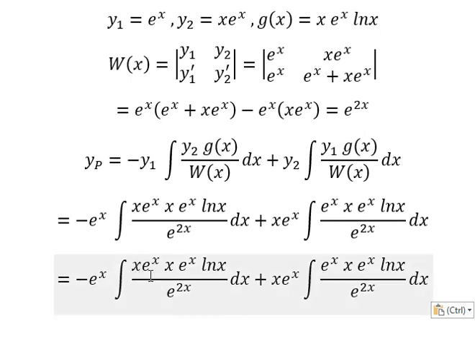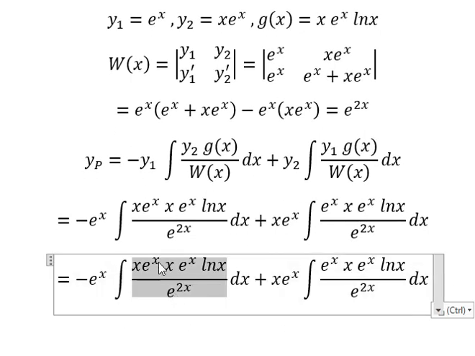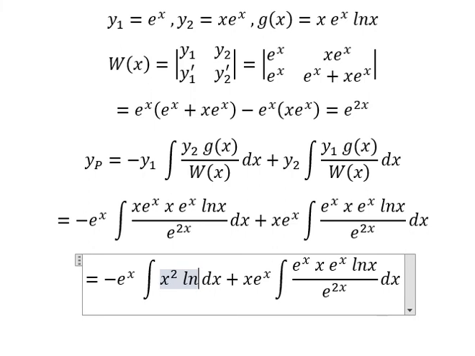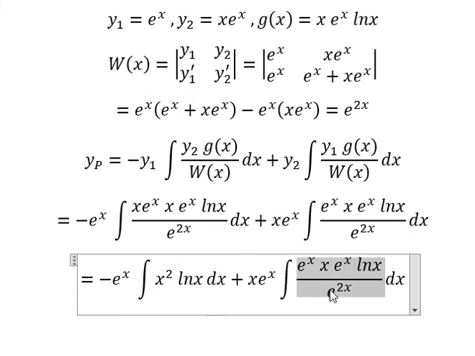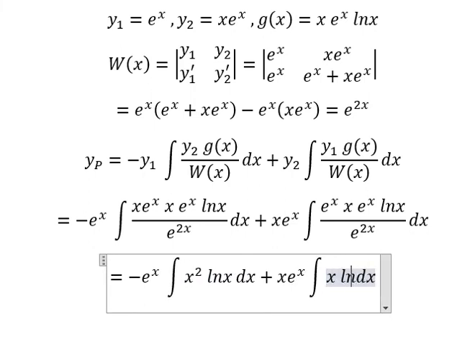So we simplify e to the power of s, e to the power of s, we have e to the power of 2s. So we simplify and we have s squared ln s. This one we have s ln s.